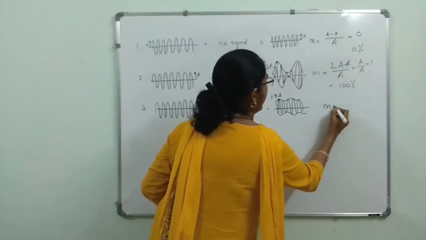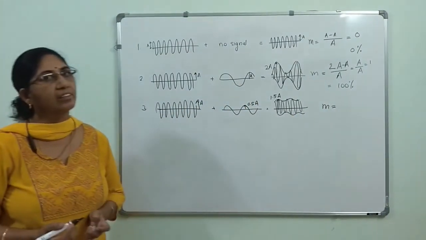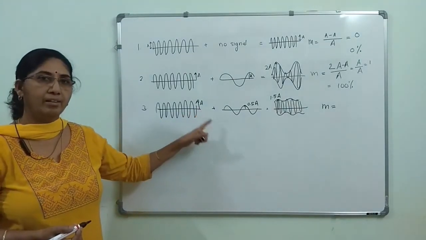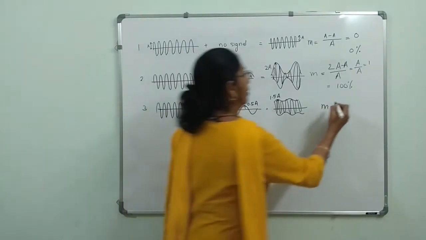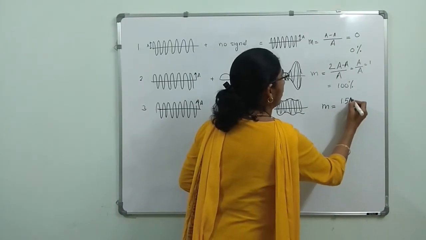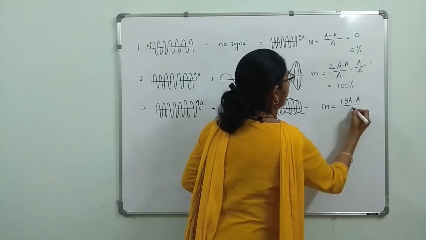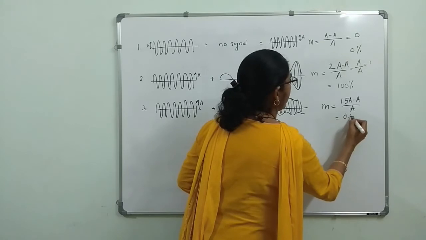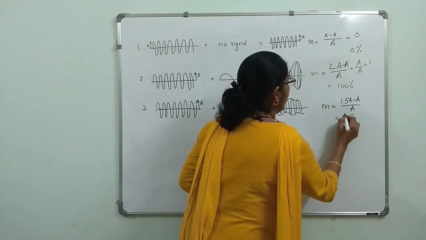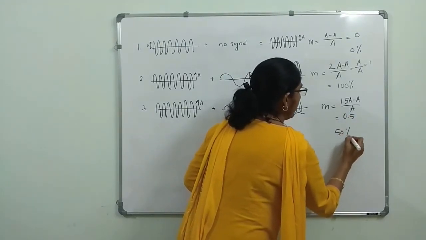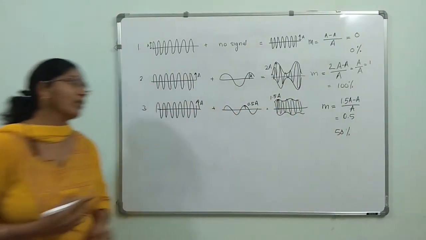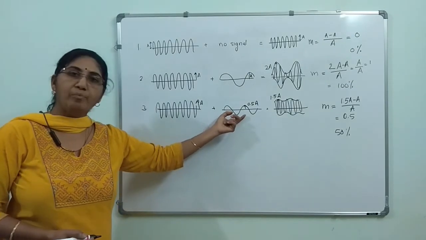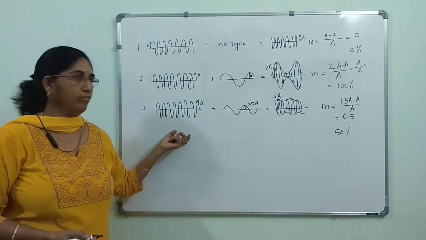So what will be the modulation index? 1.5A minus A divided by A. So this is 0.5. So the modulation index is 0.5 and it is 50% modulation. So here we have taken a signal which is having amplitude less than the carrier wave.